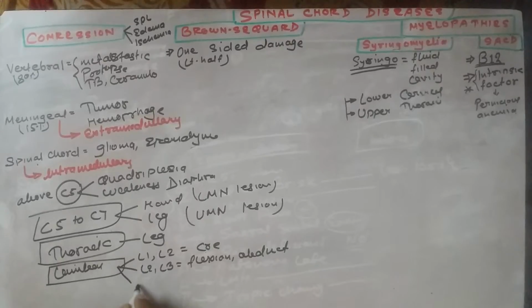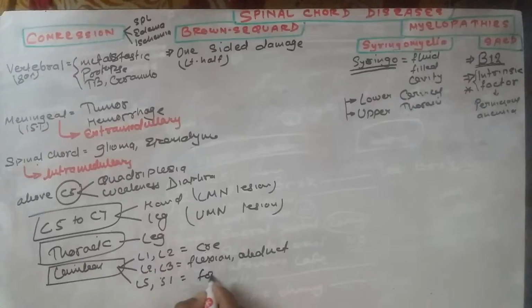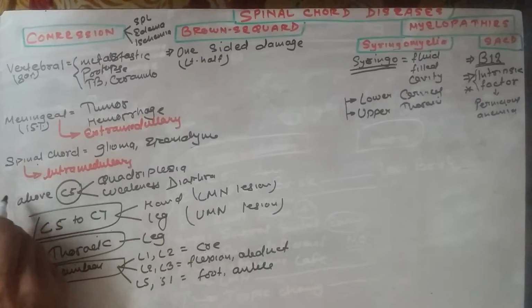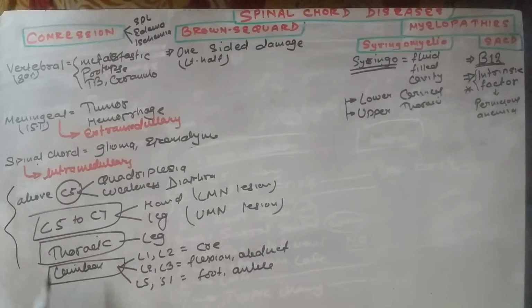And if it is of L5 S1, then the movement of the foot and ankle is lost. So this is about the clinical presentation according to the site involved in the spinal cord.